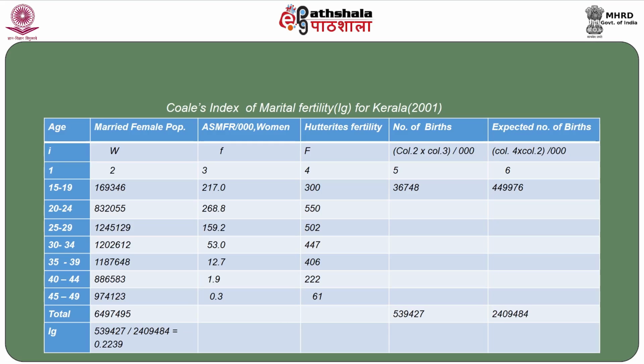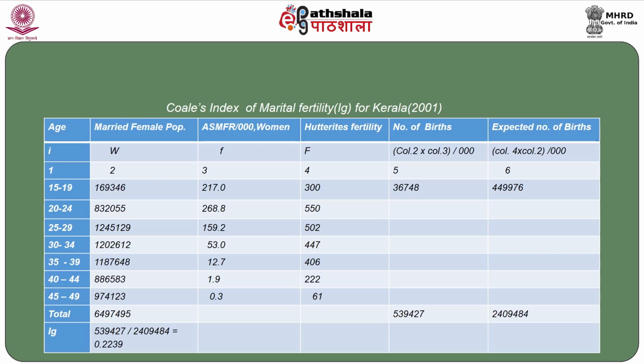The next column gives the age-specific marital fertility rate. In the previous table, where we computed the overall fertility index, we considered the age-specific fertility rate, whereas in the case of Ig, the overall index of marital fertility, we are taking the age-specific marital fertility rate per 1000 women.